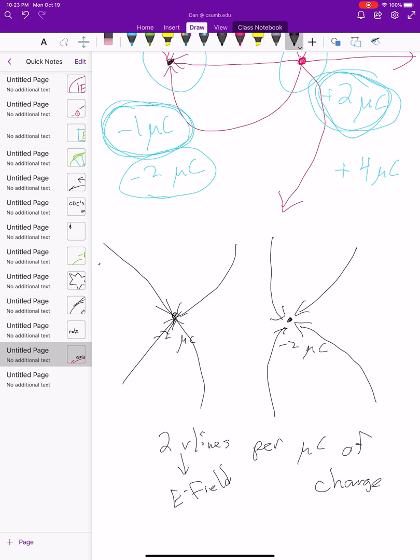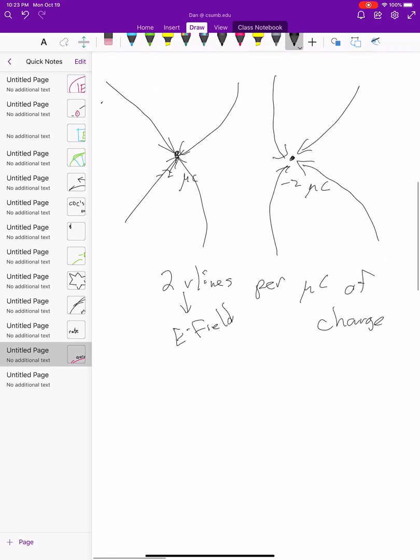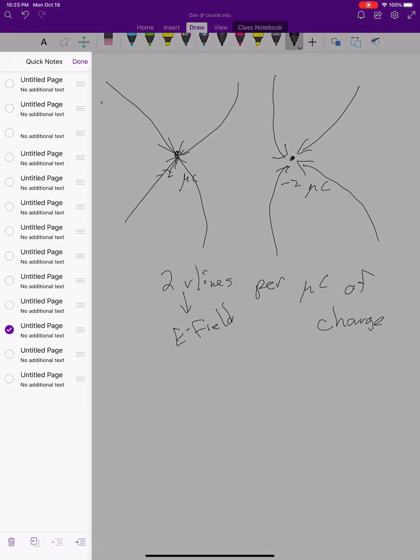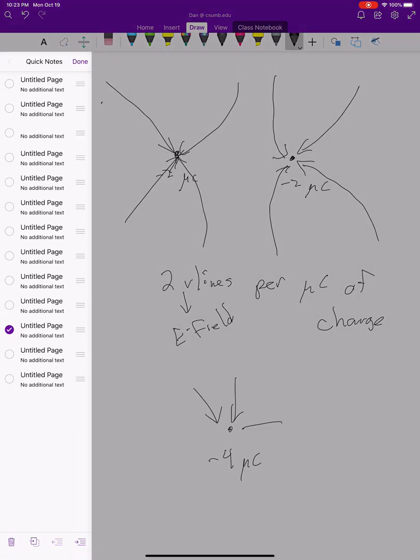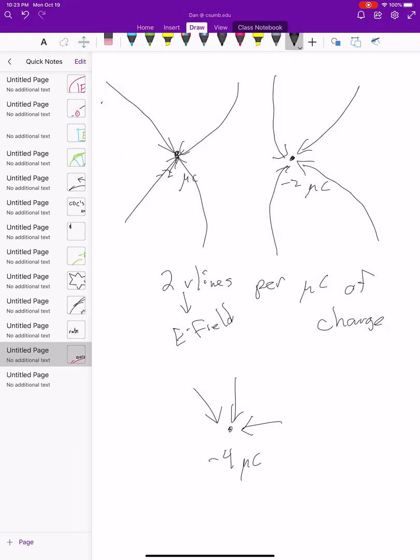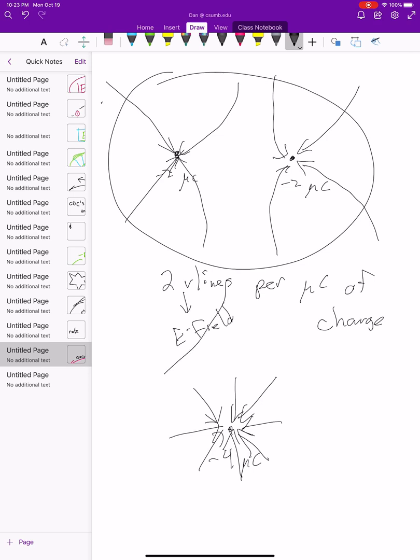And from a distance, that would be consistent with having this situation of a -4 microcoulomb charge and 8 field lines coming towards it. Okay, so this situation is the close-up view, and this is the far-away view of it.